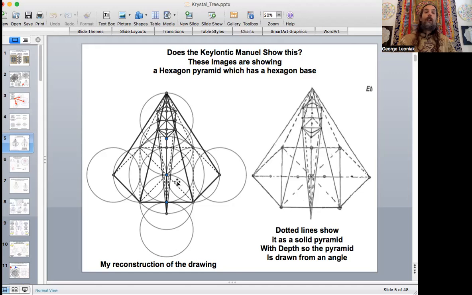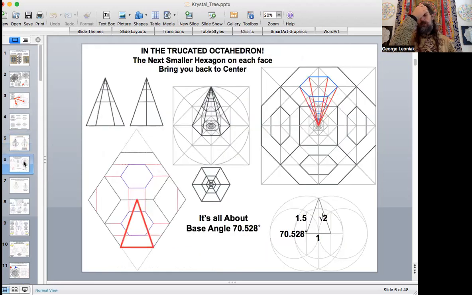But for the most part, and I'll show now how this also fits into the geometry of the form that I'll show you later, that also supports that this is really being viewed as a hexagon plane and being projected out towards a pinnacle that you'll see is going to relate to a cube vertex in just a moment. All right, so that's straight from the manual, and my interpretation of it as a hexagon plane.